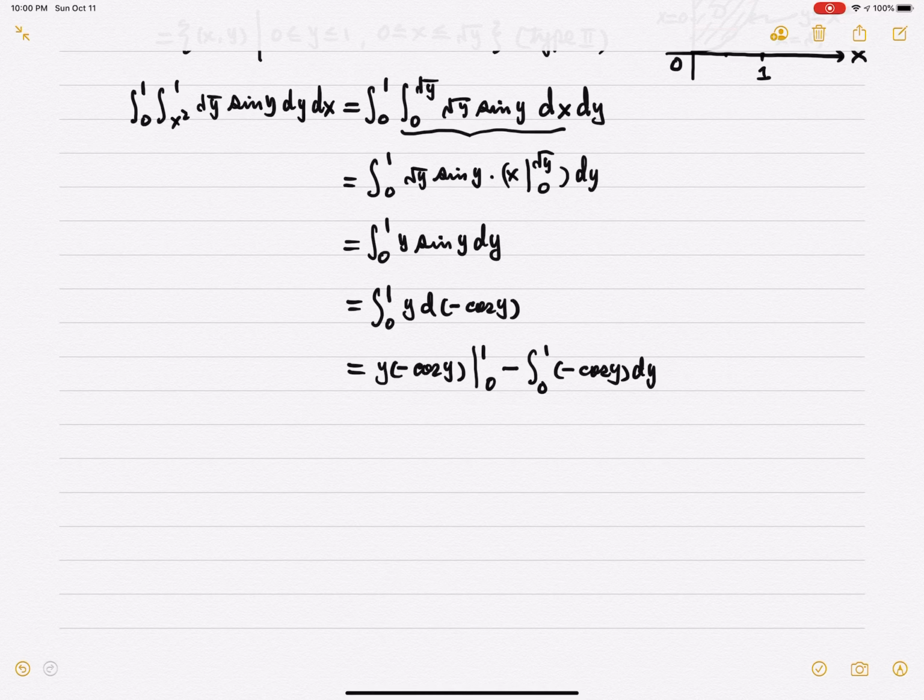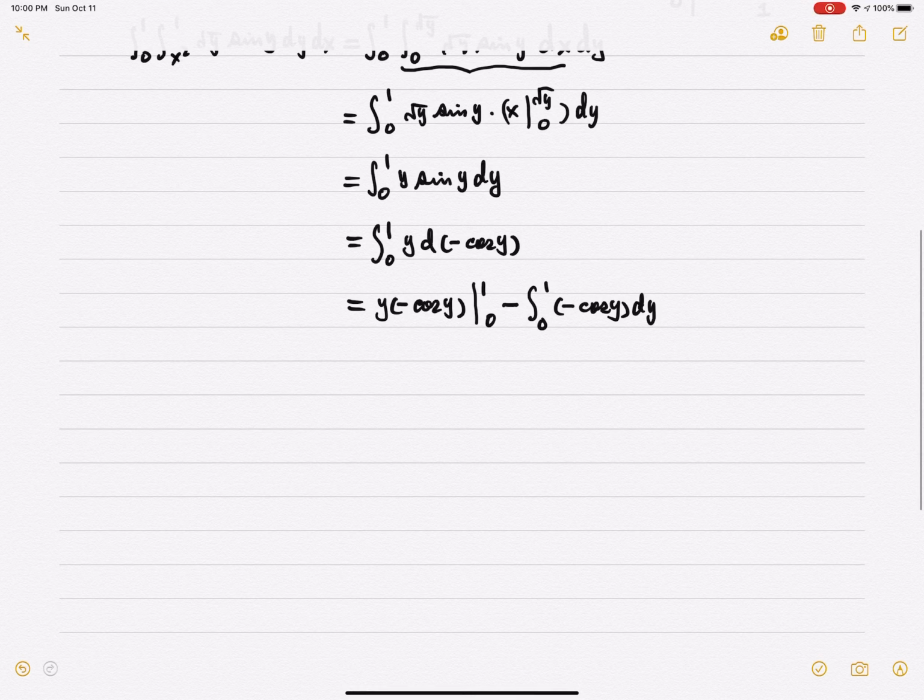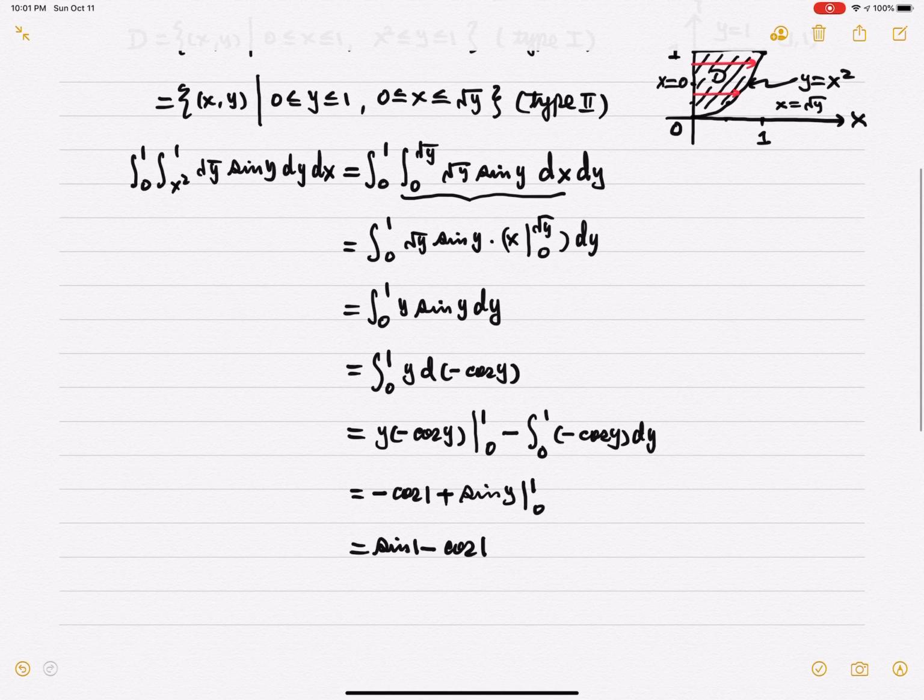And then when you plug in 1, this is equal to negative cosine 1. Plug in 0 is 0. Now here, negative, negative, positive. And then the antiderivative of cosine y is sine y, so positive sine y. Plug in 1, 0. Sine 0 equals 0, sine 1 equals sine 1. So this is equal to sine 1 minus cosine 1. Okay, so that's the integration.